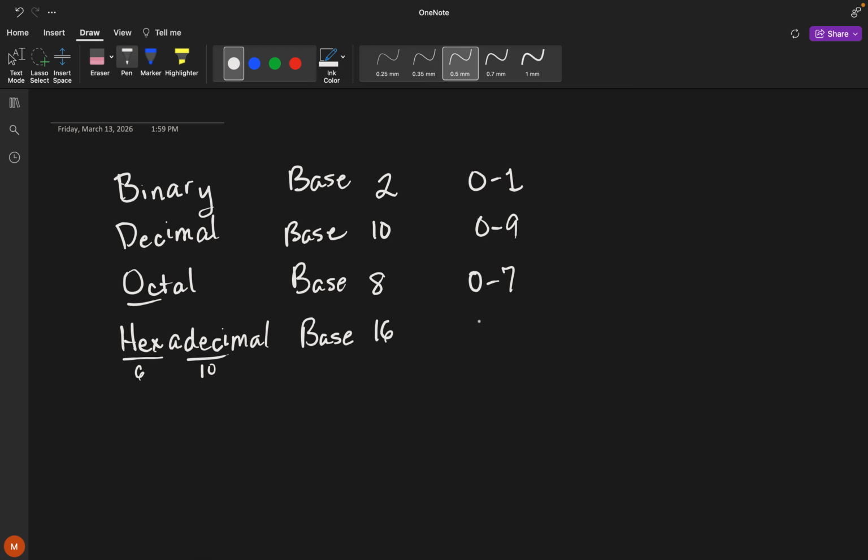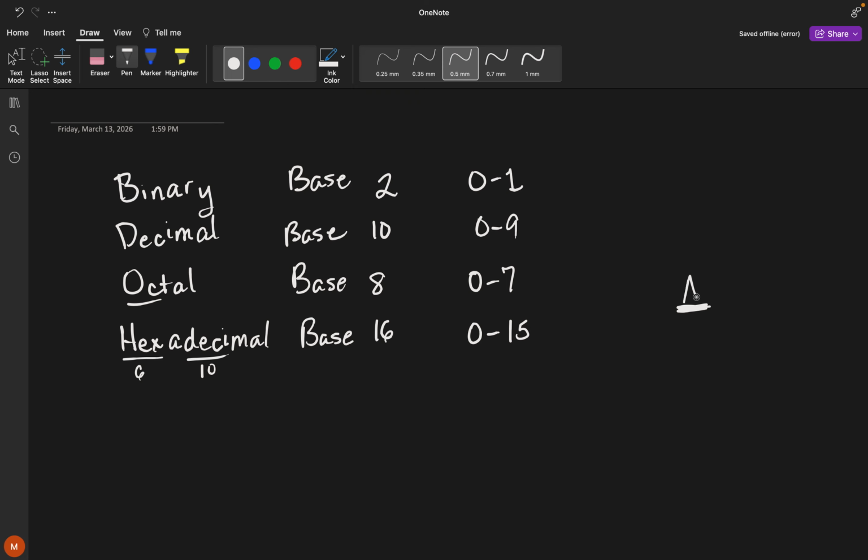Now base 16, according to this pattern, for one place should be able to have digits 0 through 15. But how could a single digit, one place value of a number, have the value 10 or 11 or 12 or 13 or 14 or 15? Well, after we pass 7, 8, 9, then we'd start using letters.